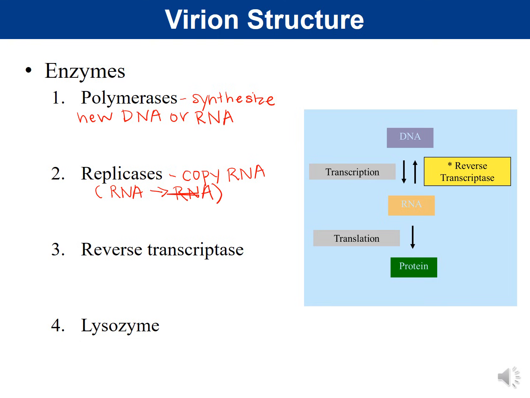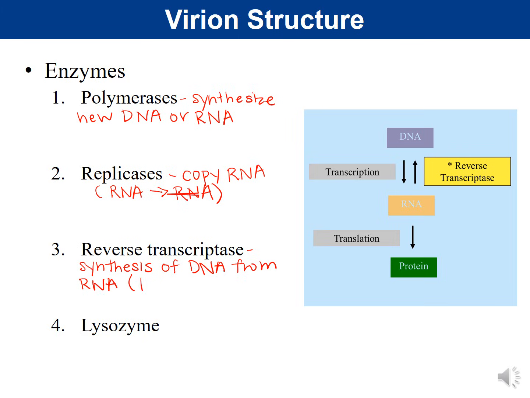And remember that this is different because for polymerases, when they make RNA, typically they're going to go from DNA to RNA in what we call transcription. Now, some viruses, like HIV for example, have an enzyme called reverse transcriptase, and these are used for synthesis of DNA from RNA.